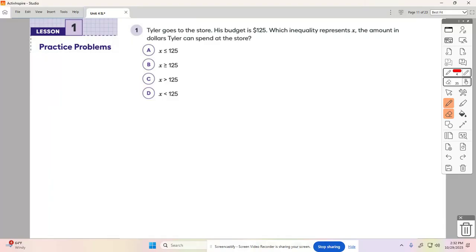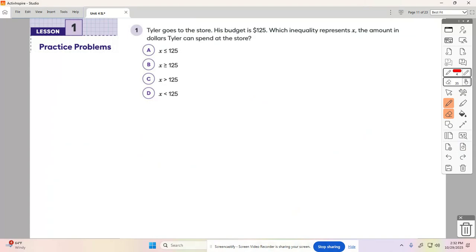All right, let's go to number 1 in the practice problems. Tyler goes to the store. His budget is $125. Which inequality represents X, the amount in dollars that Tyler can spend at the store?